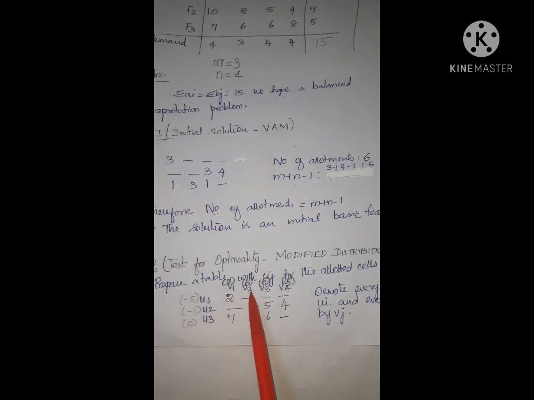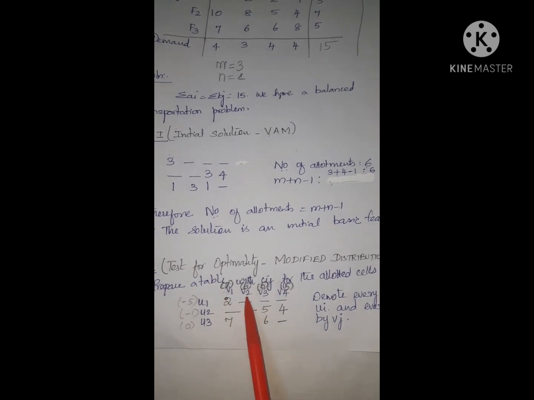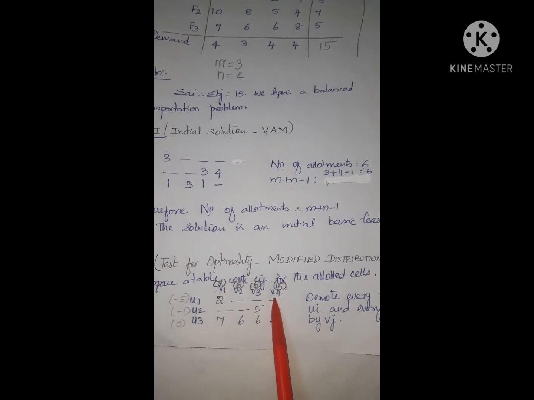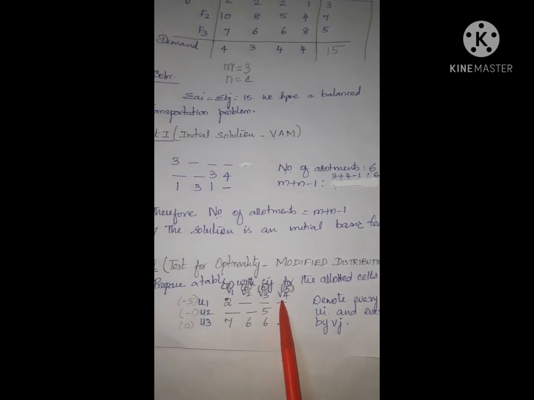And because we have 4 columns, first column V1, second V2, third V3 and fourth V4. So in this new table with all cost values for the allotted cells, we denote every row by the notation Ui and every column by Vj.